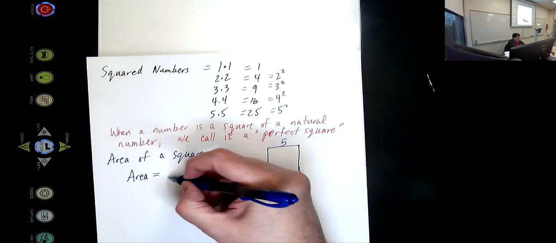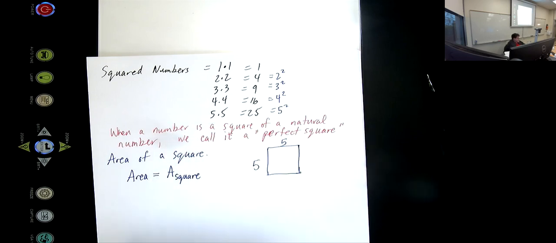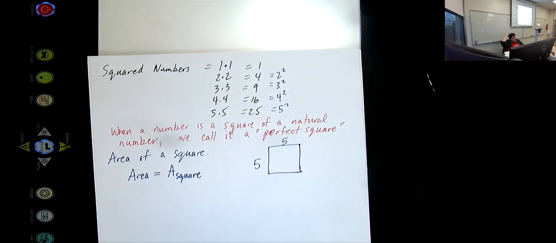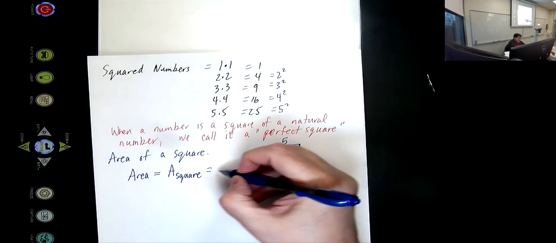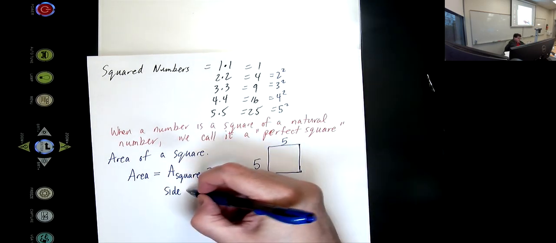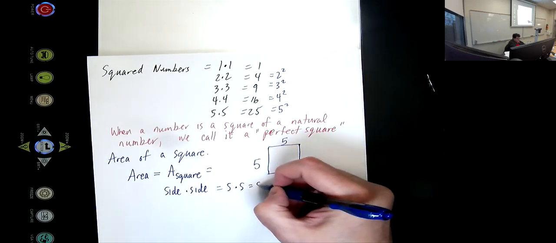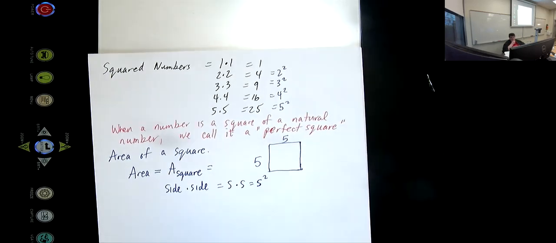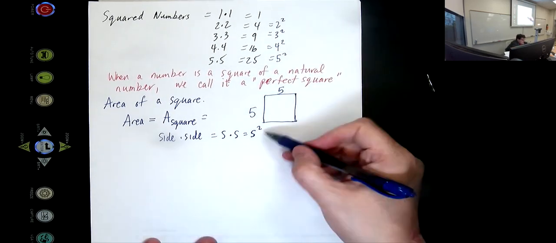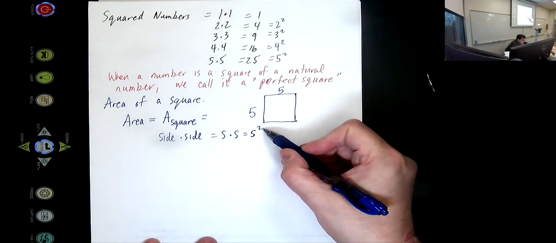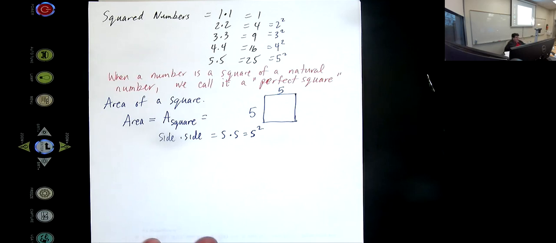You might see A with something like this. We tend to use subscripts when we want to distinguish between other things. The area of a square is side times side, or S times S, which is S squared. And that's why we call it squared, because when we have a 2 up here, it's giving us the area of a square. And so the same thing applies.